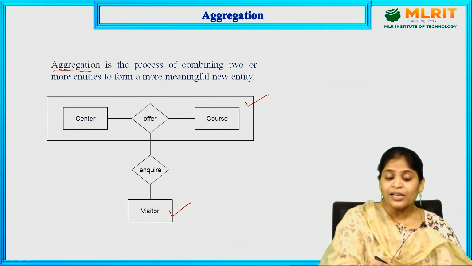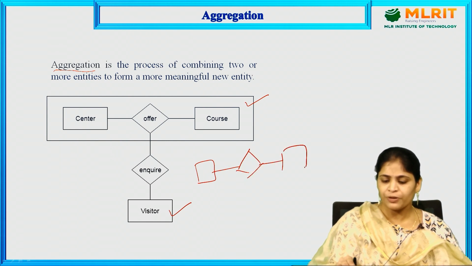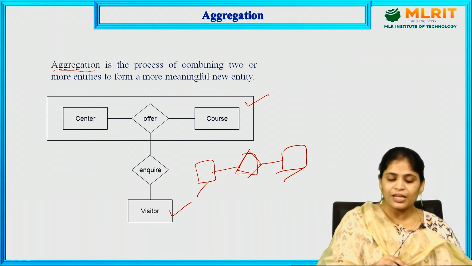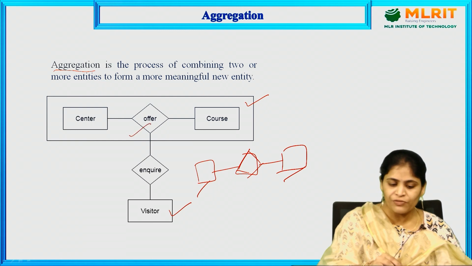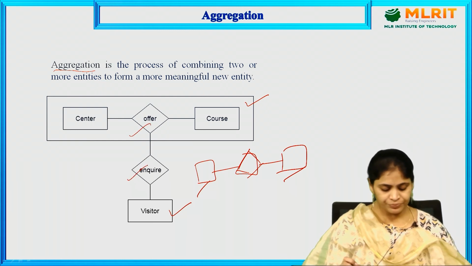See here, in each and every diagram, we used to relate entities with a relationship, right? These are the entities and these entities connected to a relationship. But here in aggregation, we can relate 2 different relationships. That is only possible through aggregation.